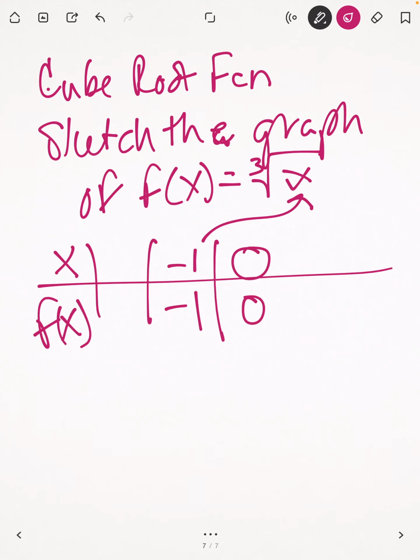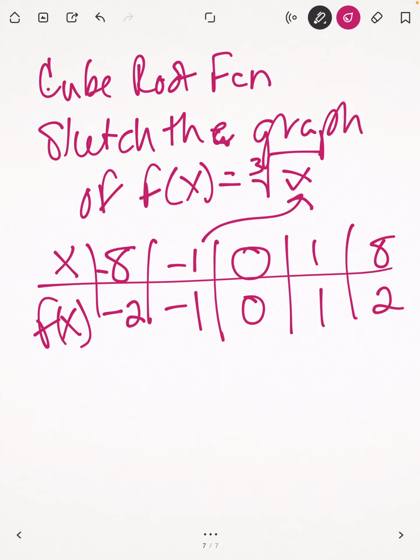And now here we have what times itself 3 times gives us -8. Well, the answer to that's -2, because -2 times -2 is +4, times -2 is -8. And so you'll see that I picked these numbers 0, 1, and 8 because they give me nice clean numbers, and so I'll go ahead and pick 1 and 8 on the other side. The cube root of 1 is 1, and the cube root of 8 is 2.